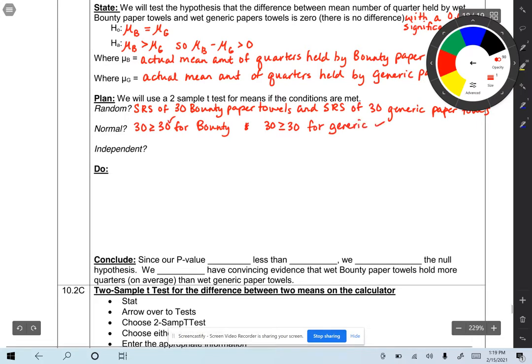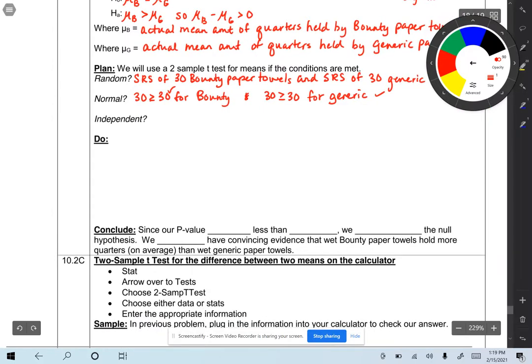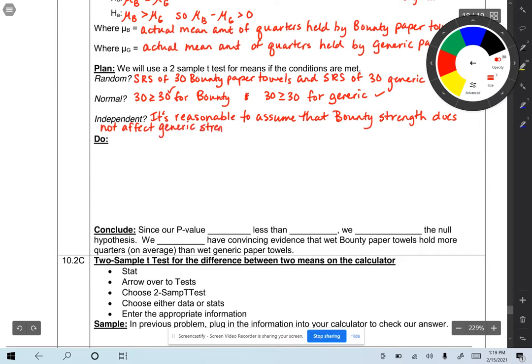Okay, so both of those conditions are met. Excellent. And now for the independent condition, it's reasonable to assume that the Bounty strength does not affect the generic strength. Also, there are more than 300 paper towels for each brand.